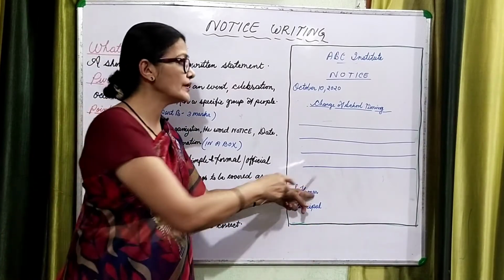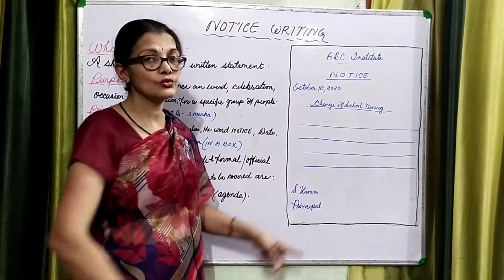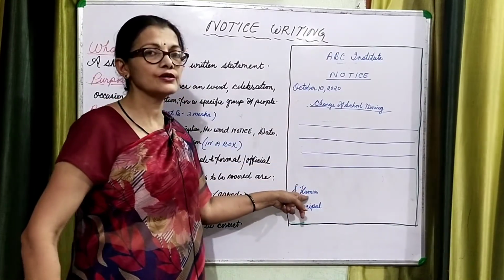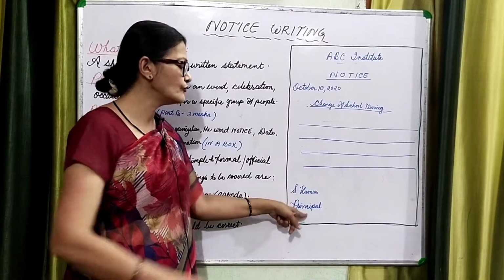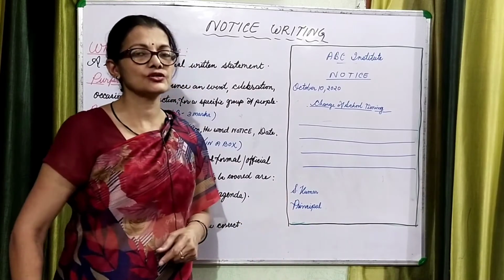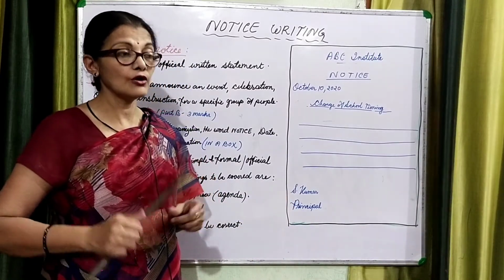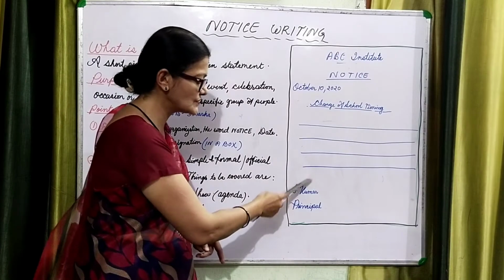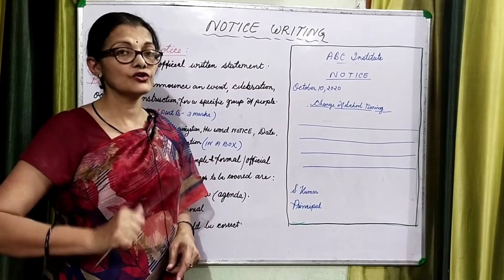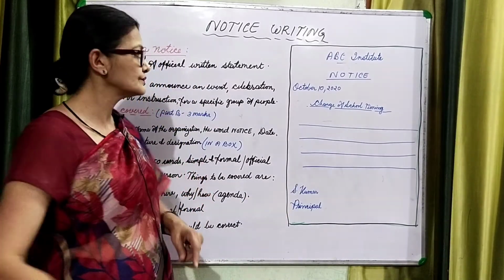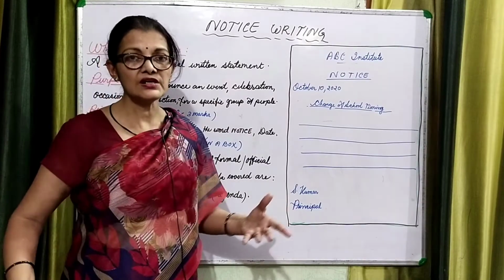Who is issuing this notice must be mentioned here, and it should be followed by the designation of that person who is signing. What is his position? Who is he?